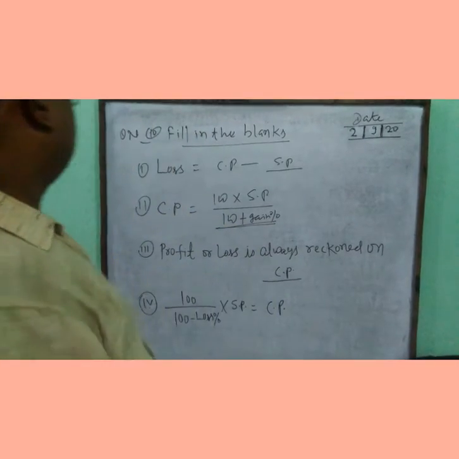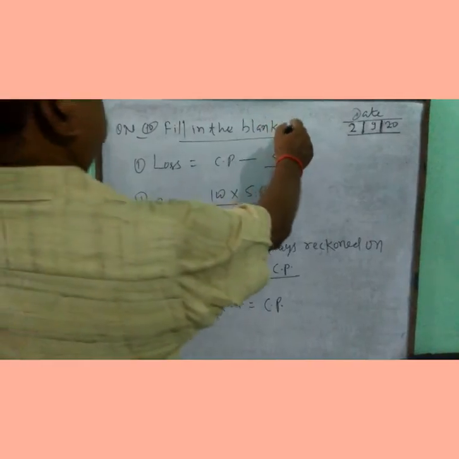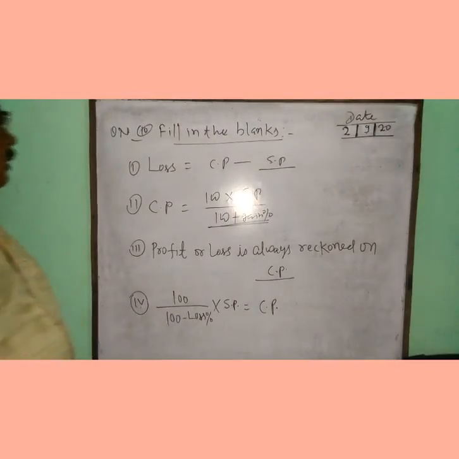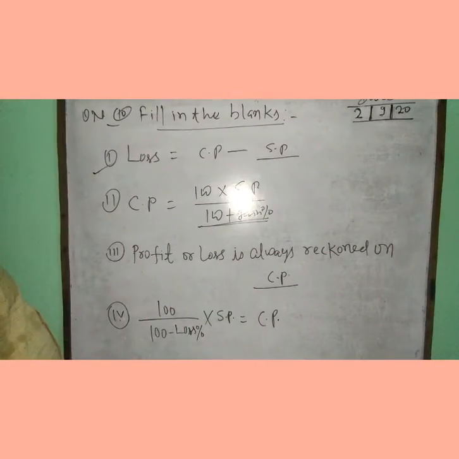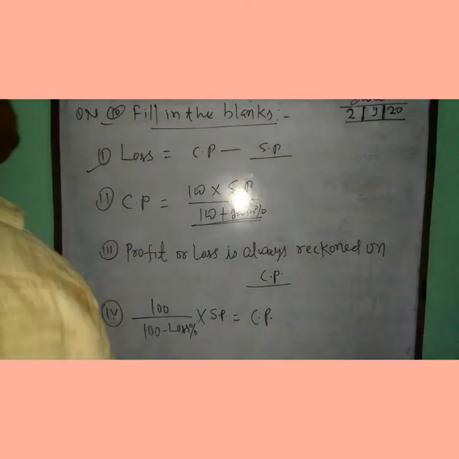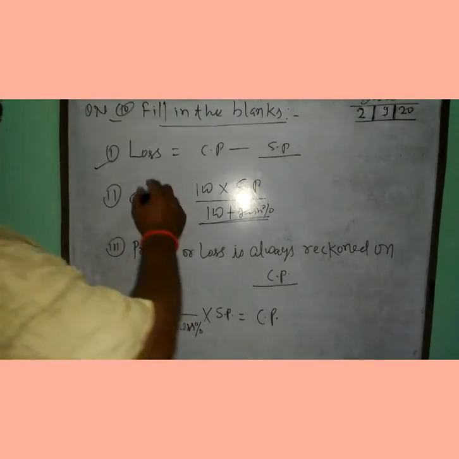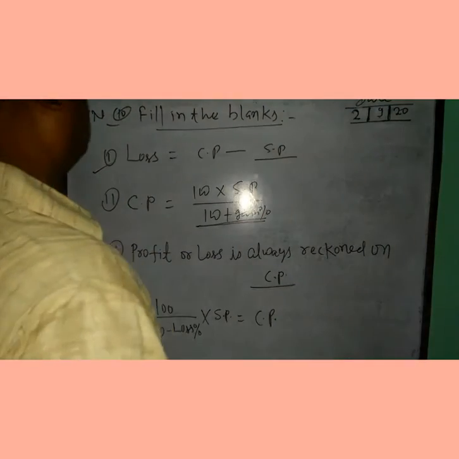Question number 10. Fill in the blanks. First question: Loss is equal to CP minus dot dot. So loss is equal to CP minus SP.